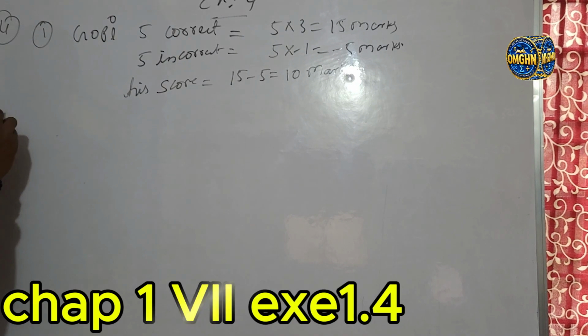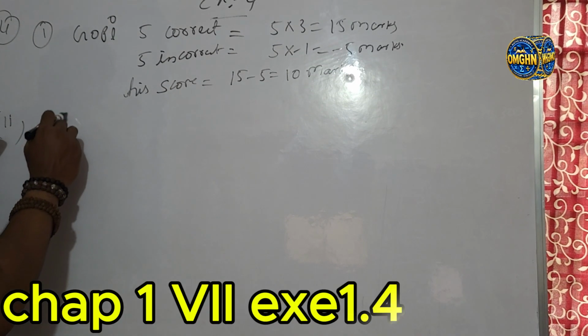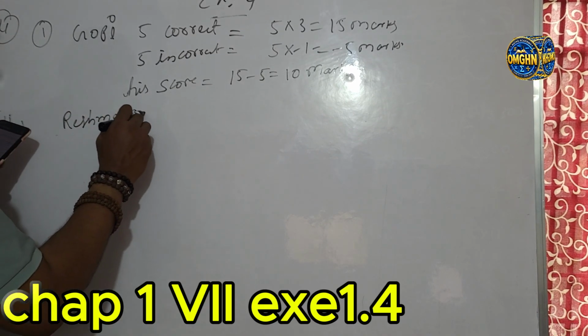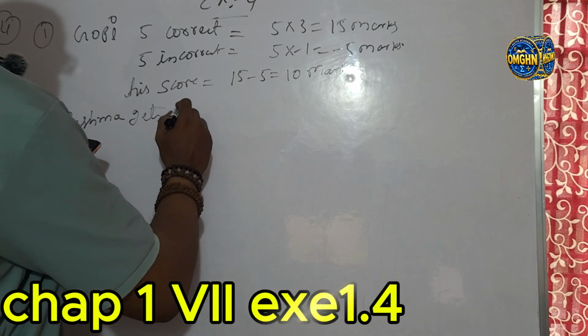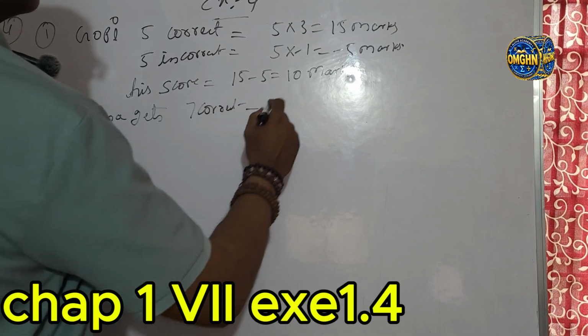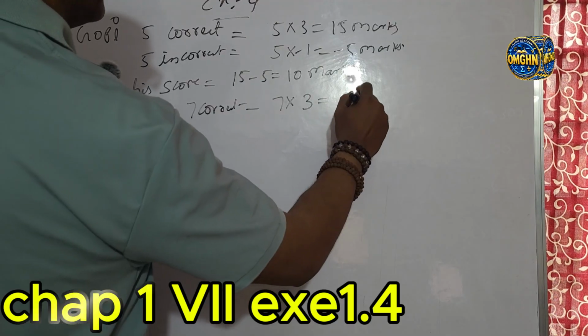Now, in the same second bit, Reshma gets 7 correct. That is, each correct answer means 3 marks, so 21 marks.